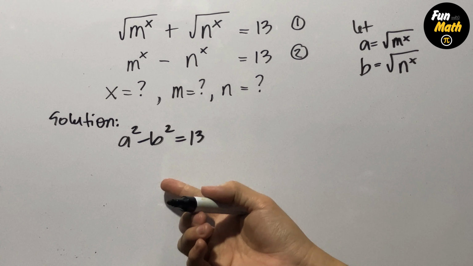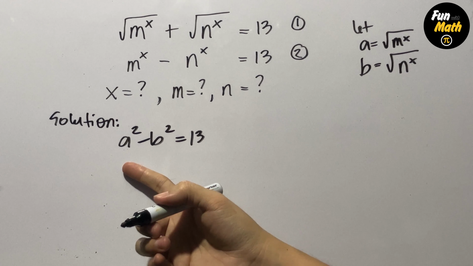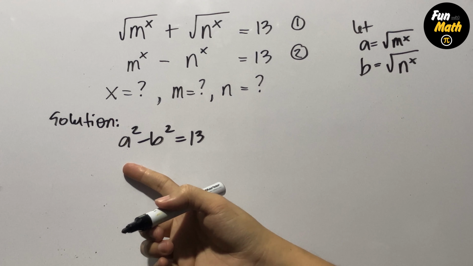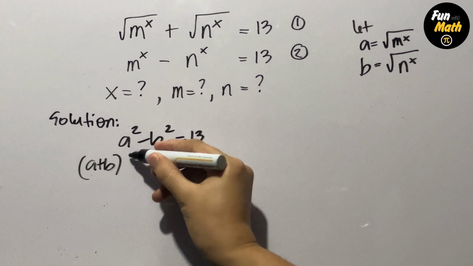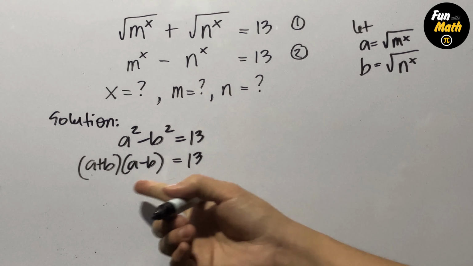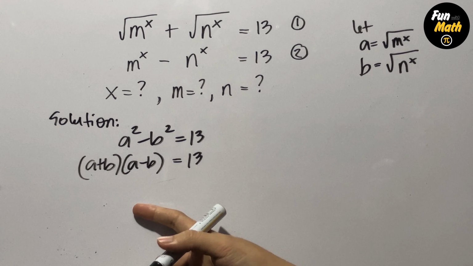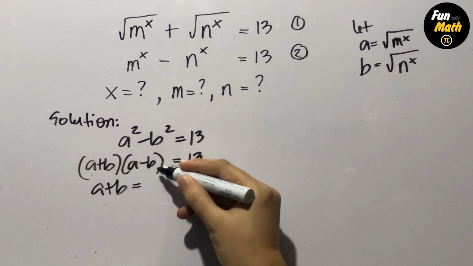And then to continue, a squared minus b squared is equal to 13. For this left side, we can write this in terms of identity, and this is a plus b times a minus b equals 13. Now for this, we can say that one of our equations is a plus b is equal to 13.